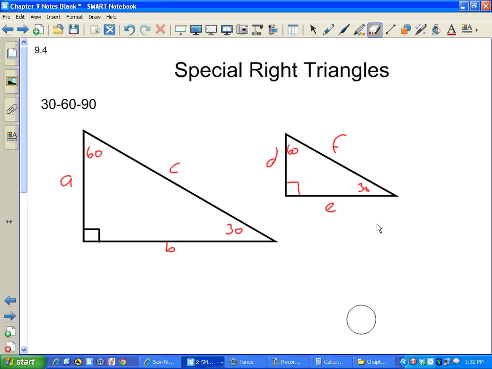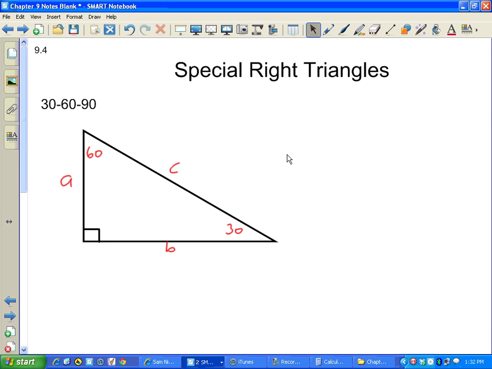So anytime you have a right triangle whose angles are 30, 60, and 90 degrees, the length of the short side is going to be your basis for the lengths of the other sides. Whatever this side is, I'm going to double it to get the hypotenuse, and I'm going to take it times the square root of 3 to get the length of the long side.